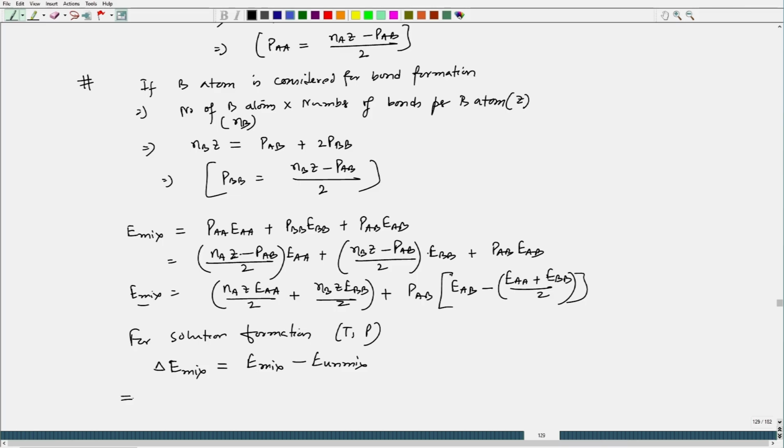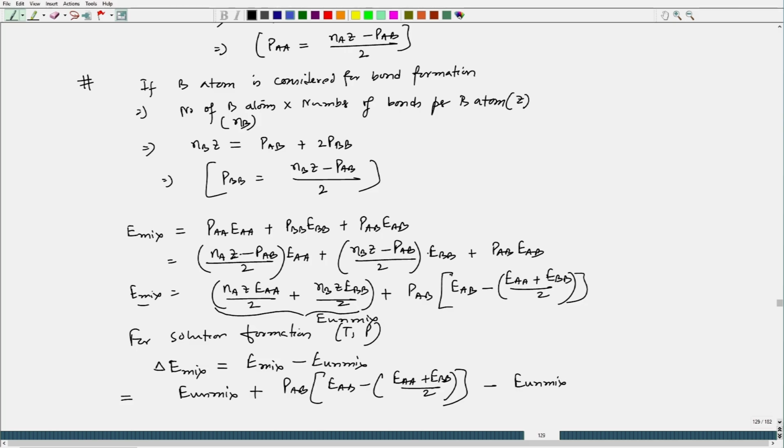So, then it would be equal to, now if I look at this part, it is nothing but E unmixed. So, then E unmixed plus PAB EAB minus, fine, minus E unmix.